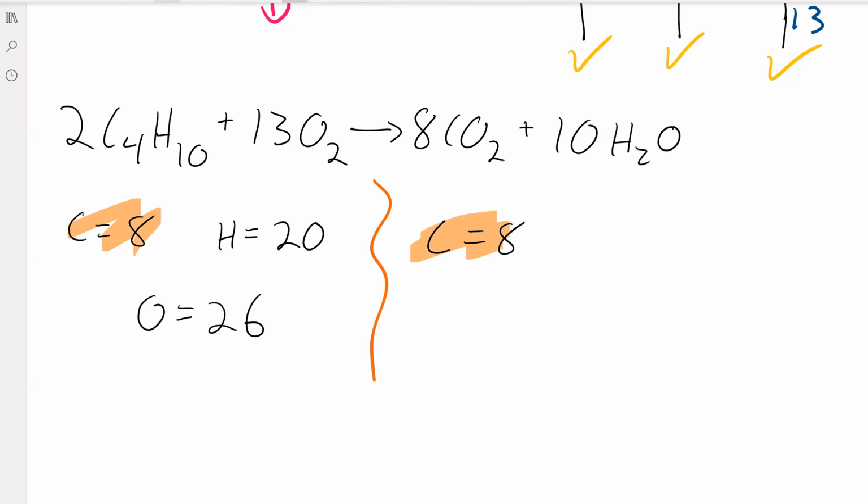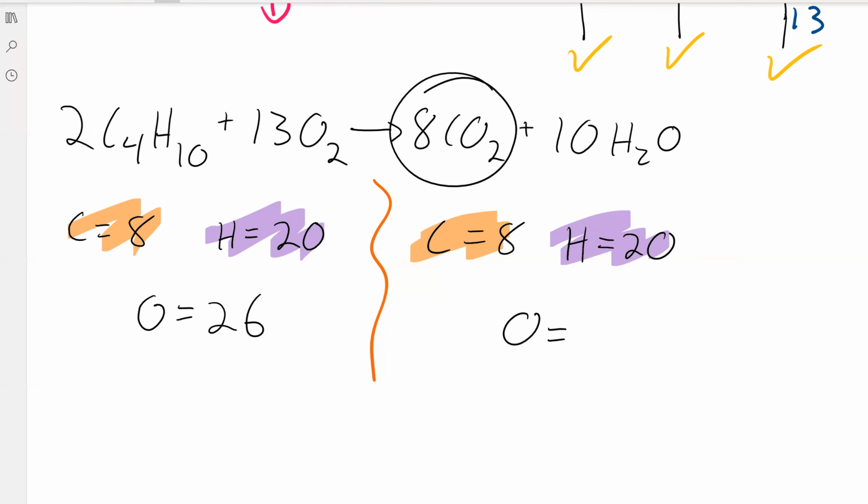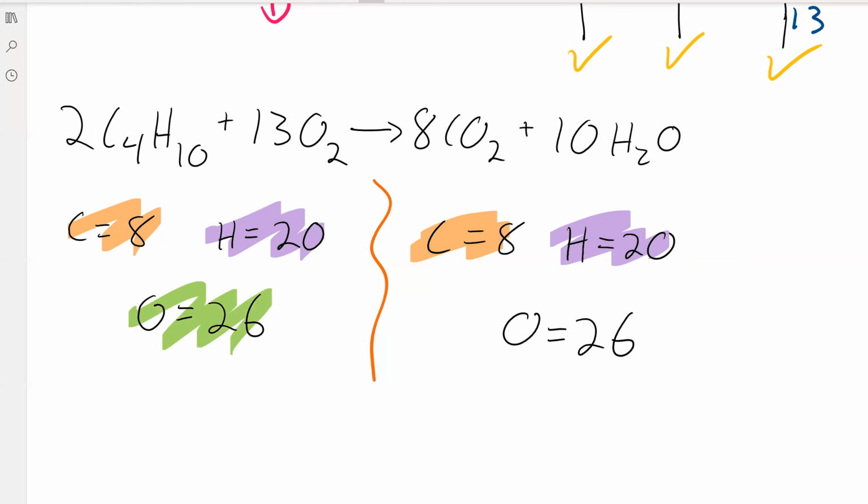In terms of the hydrogens, I've got 10 times 2 right there, which is 20. So that checks out right there. And then in terms of the oxygens, I have 16 coming from the CO2, and then another 10 coming from the water for a total of 26. And so then that checks out as well.